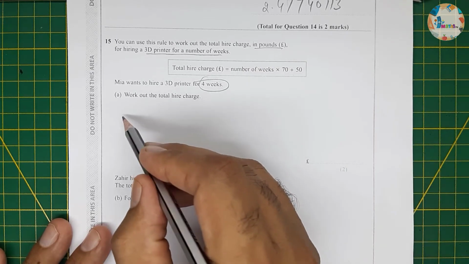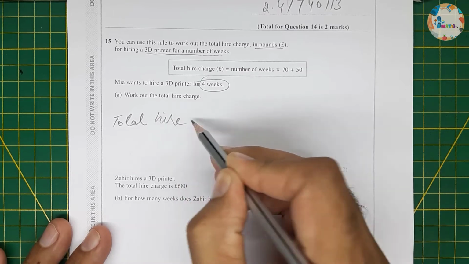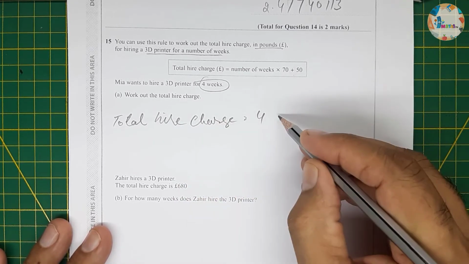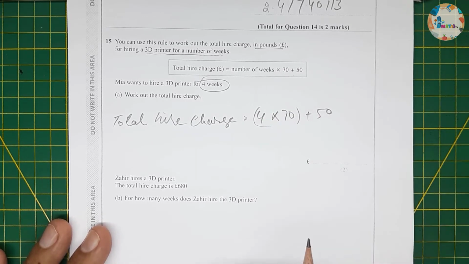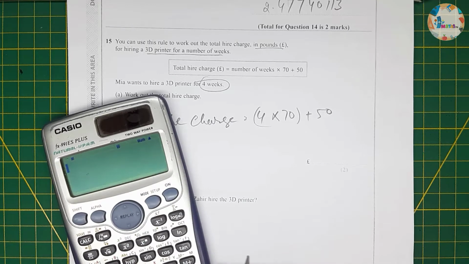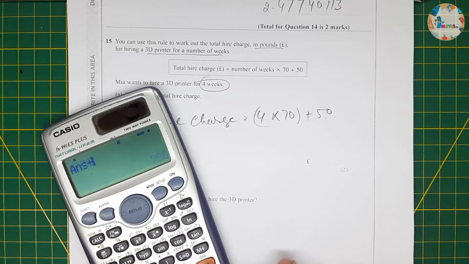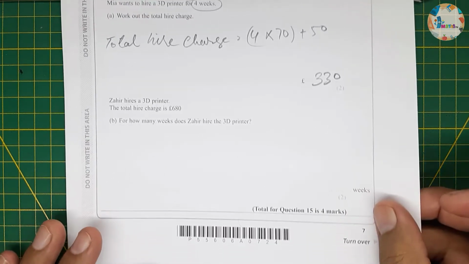The total hire charge will be equal to 4 multiplied by 70 plus 50. So 4 into 70 is 280, plus 50, and this will be equal to 330 pounds. 330 pounds will be our final answer.